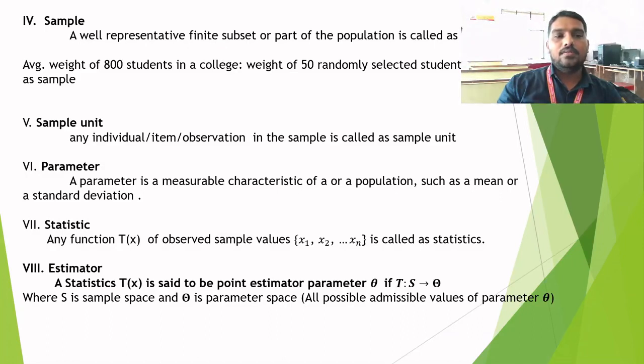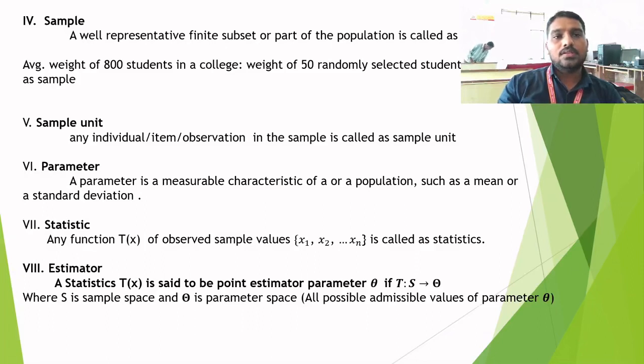And if you consider average weight of 800 students in college, so weight of 50 randomly selected students which represent the whole population, that is the weight of 800 students, will be called as a sample. So a set of 50 observations is called as sample.